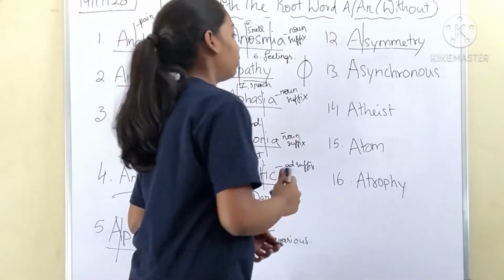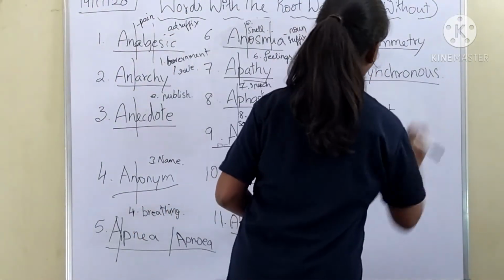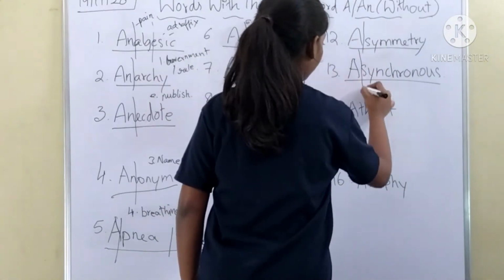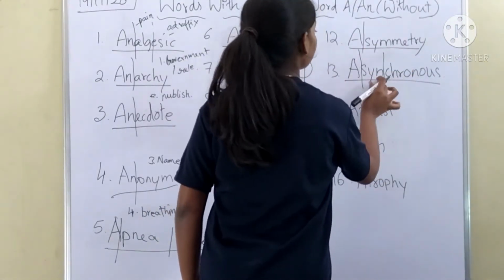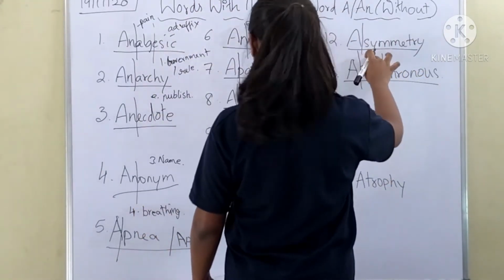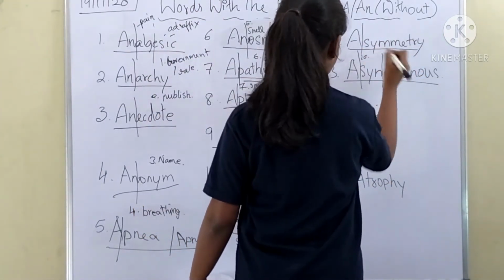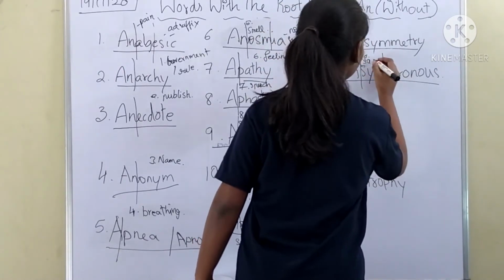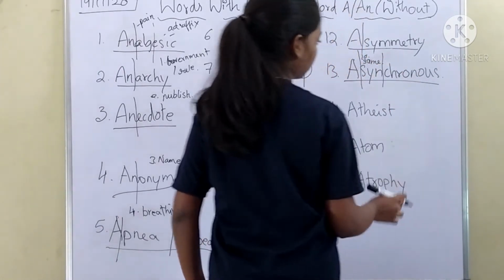The next word for today is asynchronous. Asynchronous has four root words in it. A means without. Syn is the 10th new root word, which means the same. And chron.